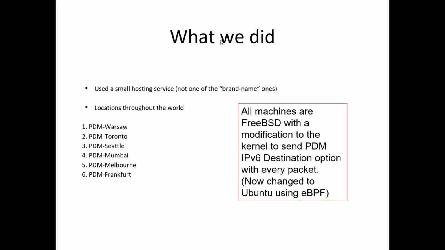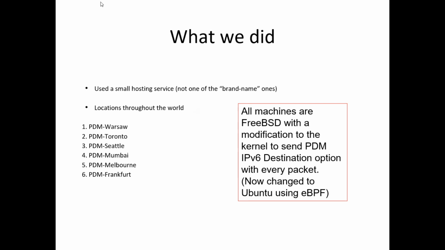And so what we did initially is we set up a number of locations throughout the world. As you can see, Warsaw, Toronto, Mumbai, etc. The reason for that is that in doing so, without having a huge number of sites, we could see that we were going across multiple ISPs, multiple transit networks, all over the world.